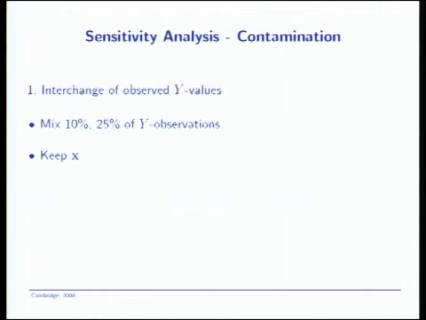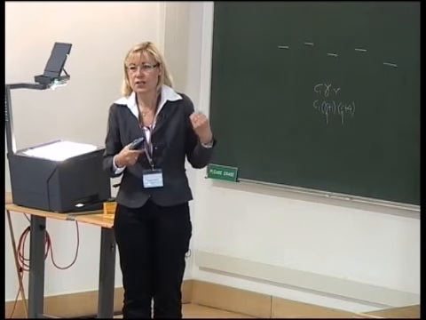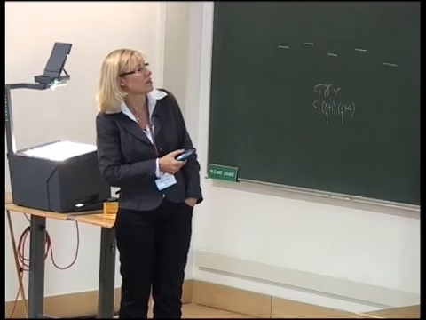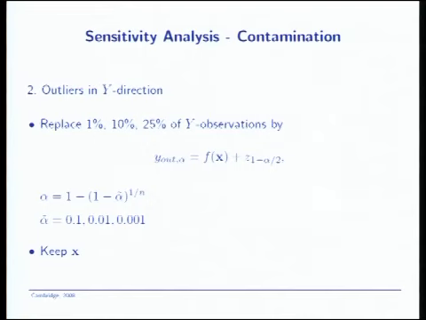So these are the contamination schemes: interchanging Y values and putting outliers in the Y direction. You can do other things as well, of course. And that is how we did it, to replace certain amounts of the Y observations by larger outliers.